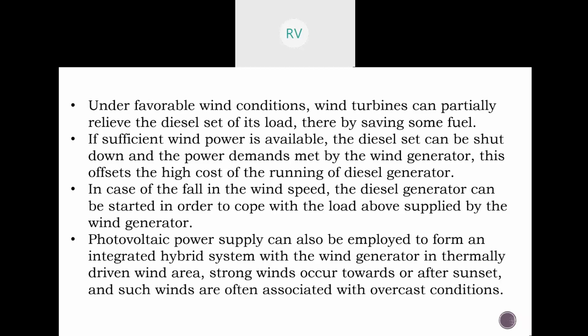A photovoltaic power system can also be employed to form an integrated hybrid system with the wind generator in thermally driven areas. Strong winds occur towards or after sunset, and such winds are often associated with overcast conditions. So till now we have seen the integration of the diesel engine.